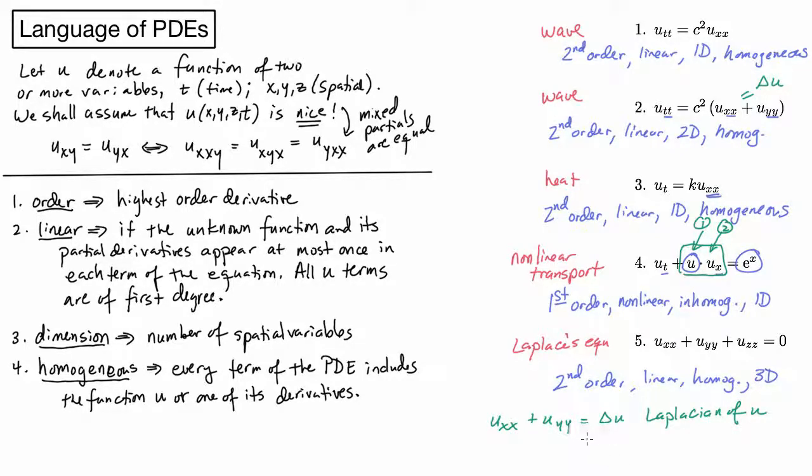Now, some people will write this as the second order Laplacian, or they'll use nabla squared. So all of these are representations of the same thing. But here you can see that there are 3 terms involved. And so this is also the Laplacian of u, which we can write as nabla 3 of u.